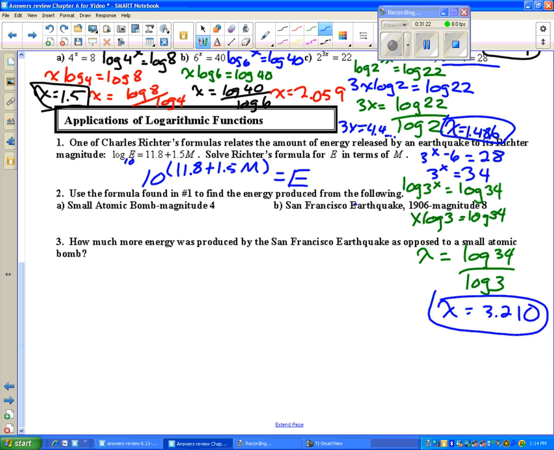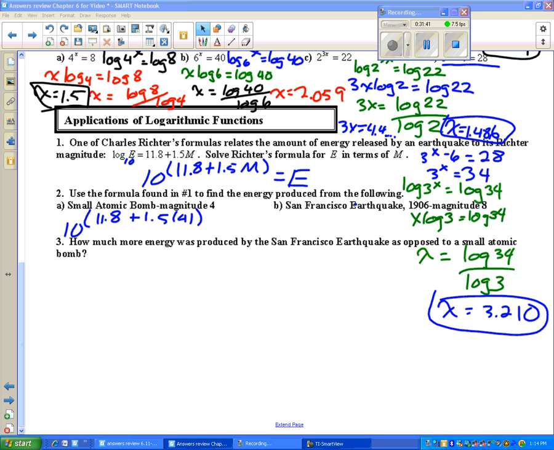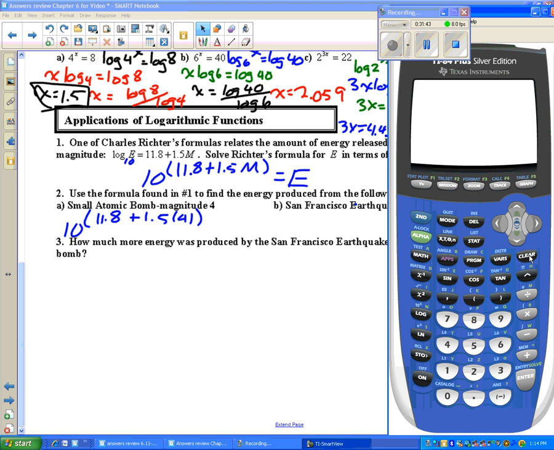Use the formula at number 1 to find the energy produced for the following. A magnitude 4 small atomic bomb. So this is 10 to the 11.8 plus 1.5 times 4. Bring up your calculator, and we do 10 to the 11.8 plus 1.5 times 4.